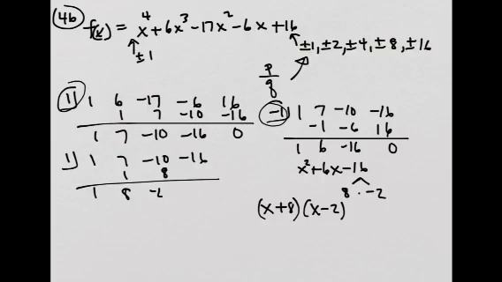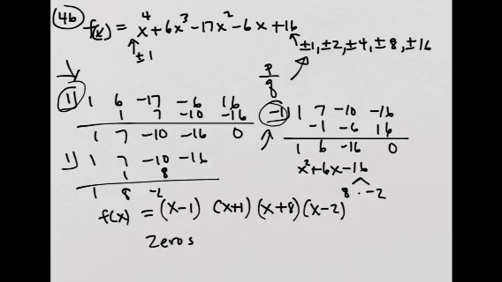And then from the ones up here, I'd have x plus 1 for this one and x minus 1 for the first one that we found. Okay, so this is f of x. So the zeros are plus minus 1, negative 8, and 2.